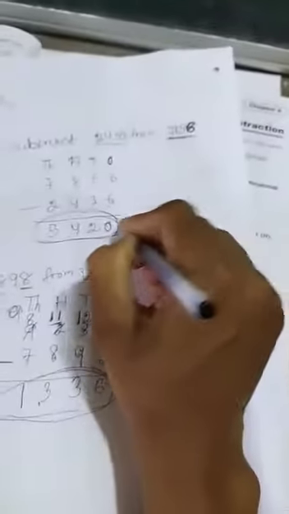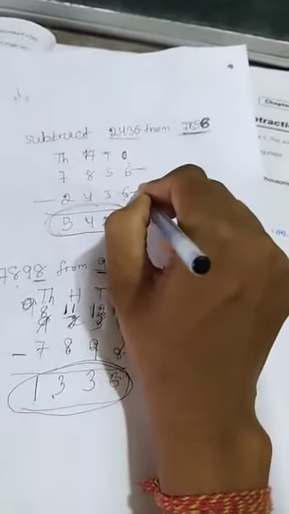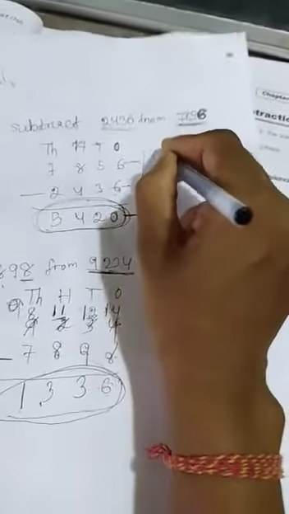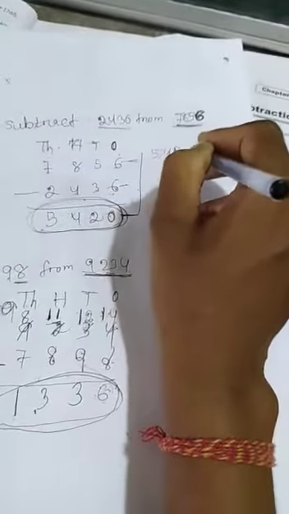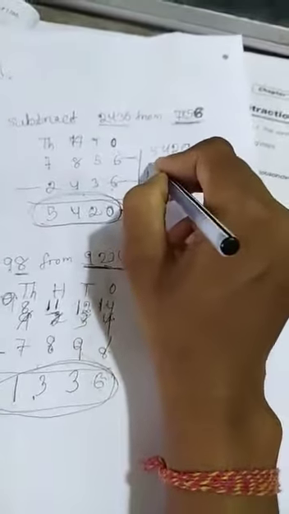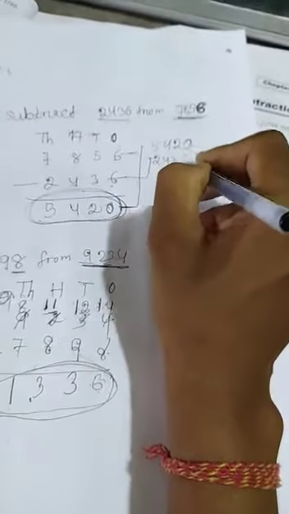And next, how can we check whether our subtraction is right or wrong? First we subtract them. This is the result. This is the larger number. This is the whole. When you want to check your subtraction, first write the result 5,420, and next you write the smaller number 2,436.